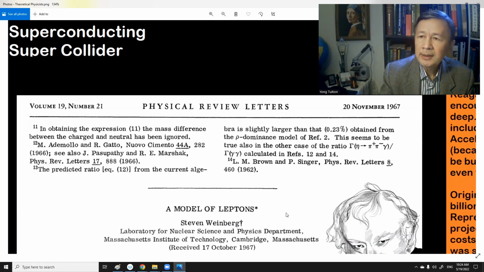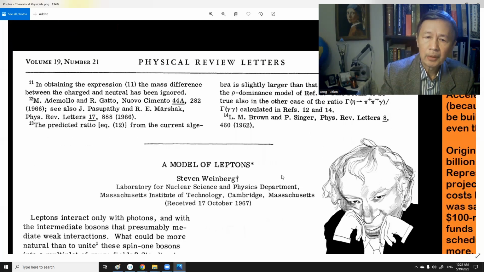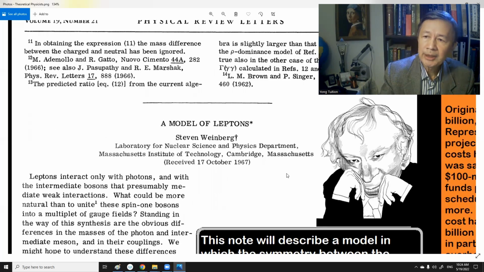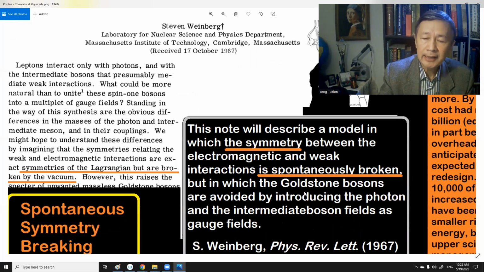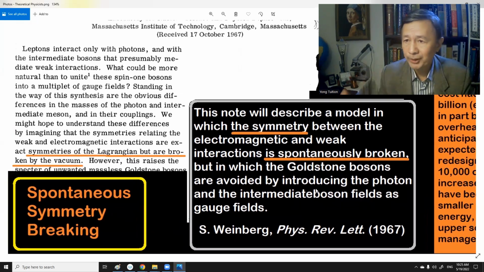In 1967, Steven Weinberger published his paper called A Model of Leptons, in which he outlined the strategy of how to possibly unify the electromagnetic interaction and the weak interaction. The key idea, as I highlight here, is so-called spontaneous symmetry breaking.